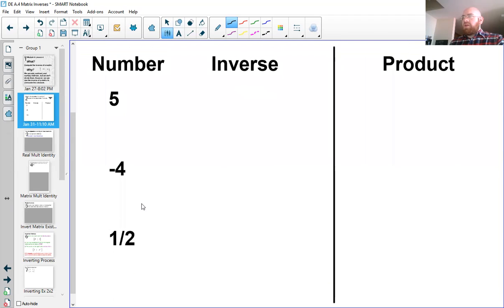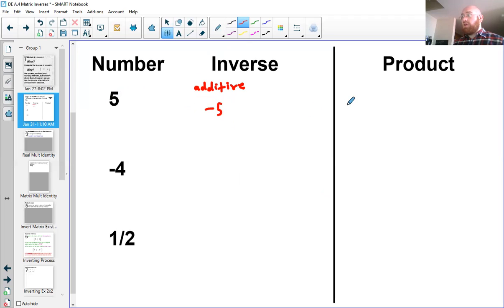So we can think of two types of inverses in math. One type of inverse is additive. The other type is multiplicative. So the additive inverse of a number is simply its opposite. So 5 would turn into -5.